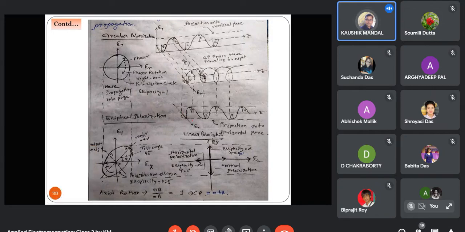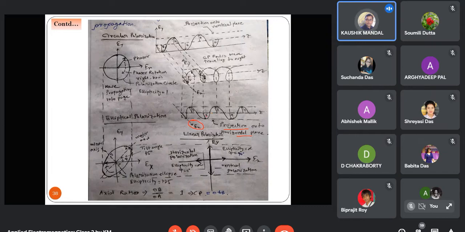This is the plot of the electric field vector, and that is the projection onto the horizontal plane. So this is the x component of the corresponding electric field vector for which we are going to trace the movement of its tip with respect to time.